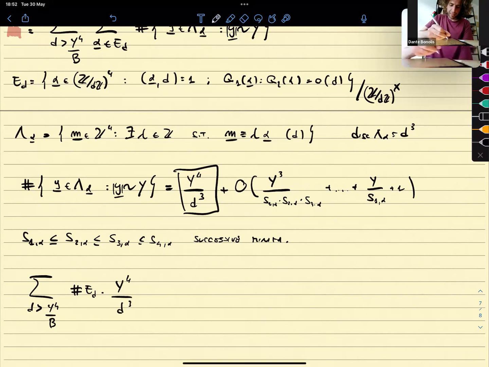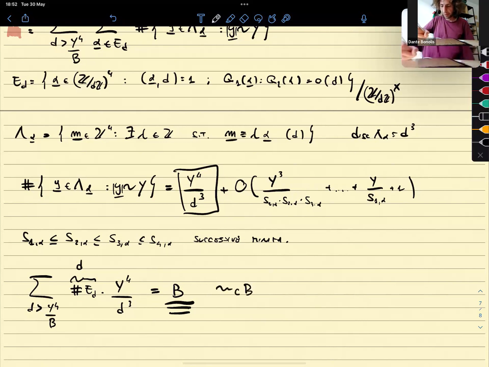Now this you can expect to be something of size d, and what you get when you perform all the summation is that this is going to contribute with b. But then I remind you that we divide y in dyadic intervals, and this would give you basically a constant times b log b, which is very good.